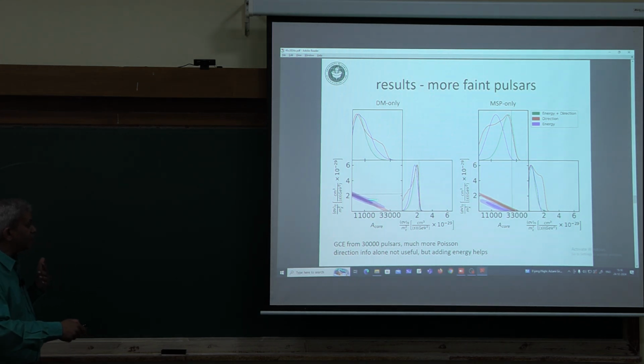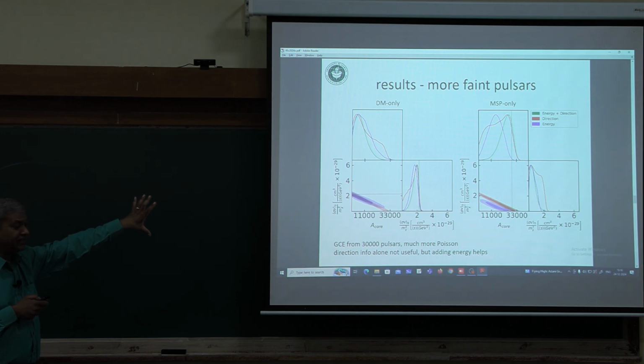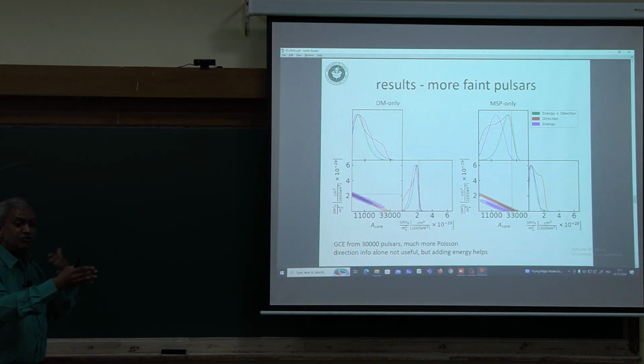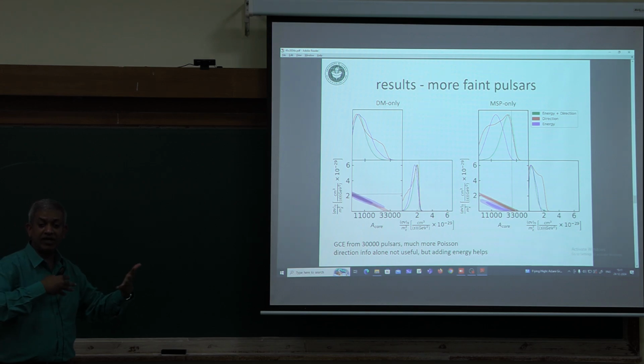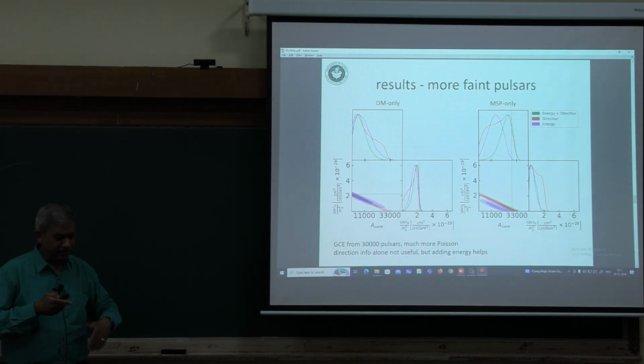It doesn't really help you constrain anything. But if you add energy information, you can now again reject the wrong model. If it's a dark matter only origin to the galactic center excess, you can reject it being no dark matter, or vice versa. So you can see that even in this case where it's much more Poisson, you still have enough correlation between energy and spatial information that you can get a handle on what the origin of the galactic center excess could be.